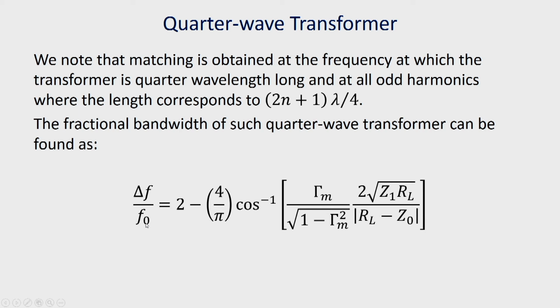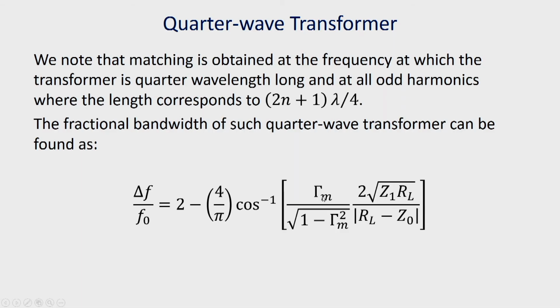F naught is the center frequency or the design frequency, delta f is the frequency deviation, and this is given by 2 minus 4 by pi cos inverse of 2 gamma m. Gamma m is the magnitude of the reflection coefficient that we are ready to accept.